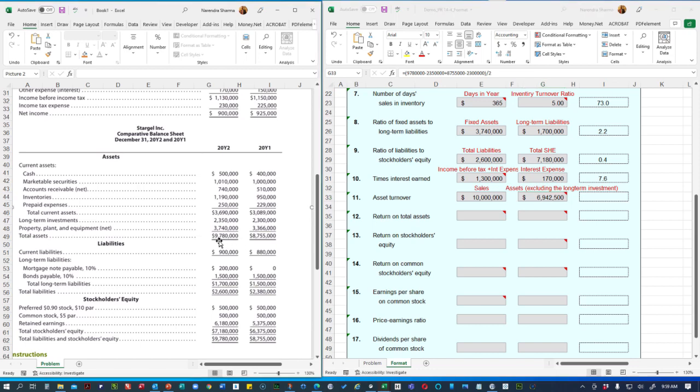Here total assets was 9,780 minus the long-term investment, and then this 8,755,000 minus the long-term investment of 2,300,000, and then divide by 2.